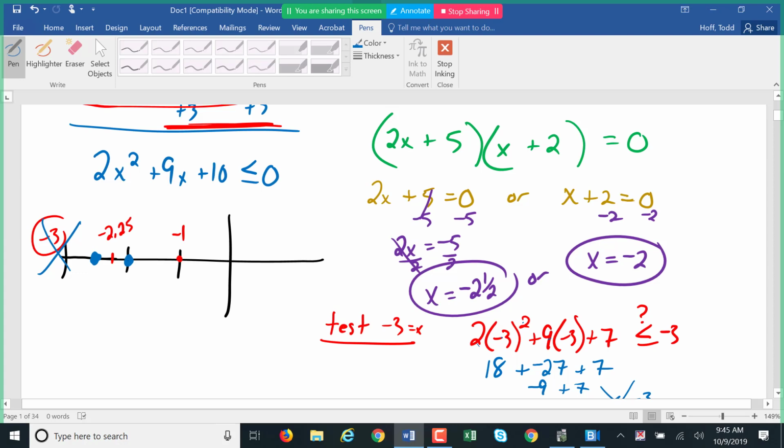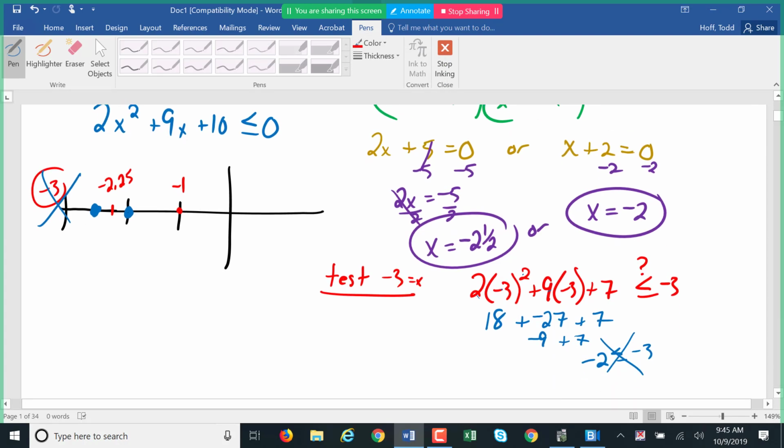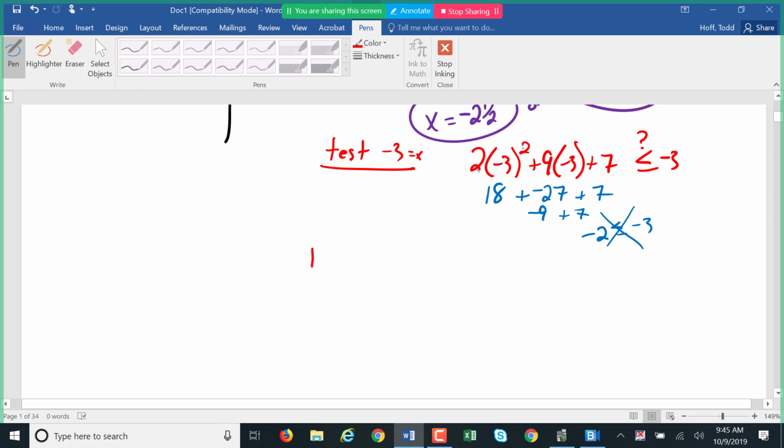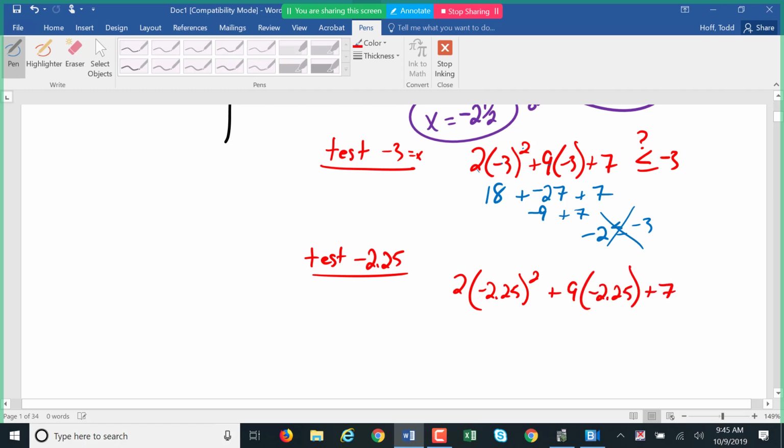Let's use the negative 2.25. So 2 times negative 2.25 squared plus 9 times negative 2.25 plus 7. We have to check to see if that is less than or equal to negative 3.